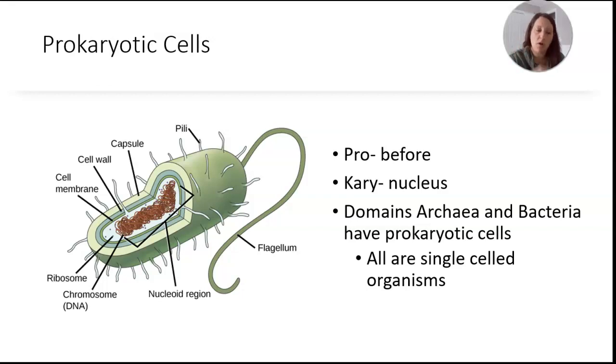We'll talk more about bacterial chromosomes a little bit later in the semester. So the two domains that have these types of cells are the domain archaea and bacteria. And again, all members of these two domains, all species, are going to be single-celled organisms.